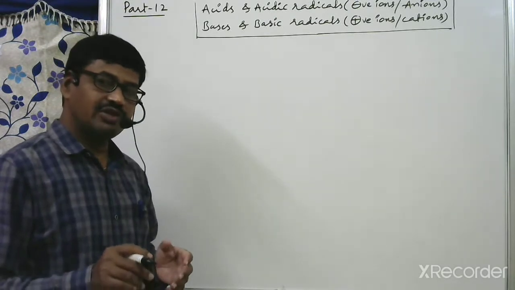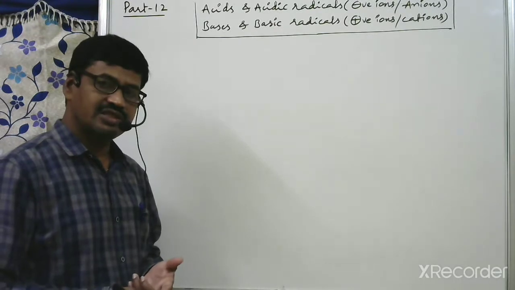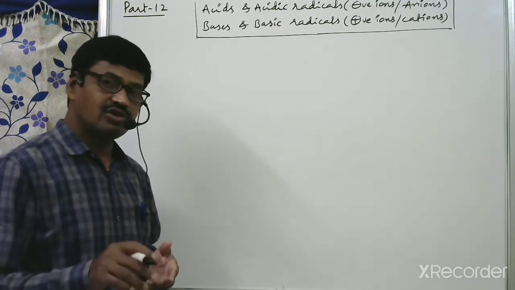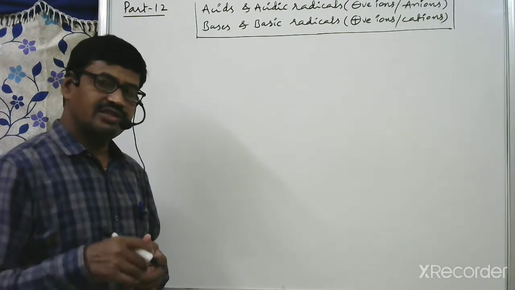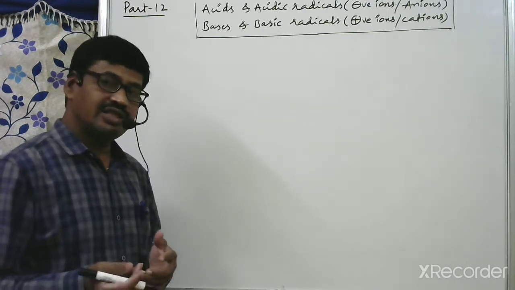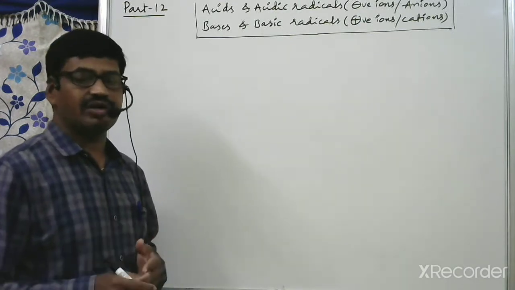Otherwise, if you remove n number of positive charges from any neutral species in terms of hydroxy groups, then you get n number of positive charges on that remaining part.